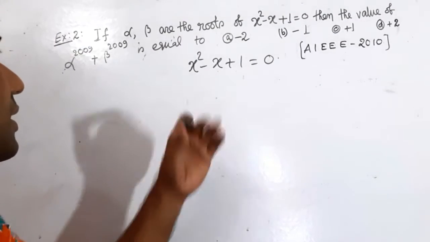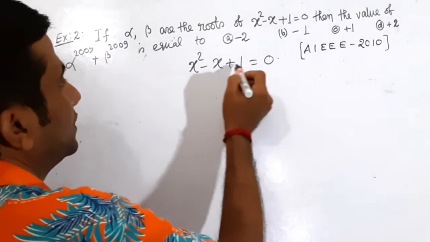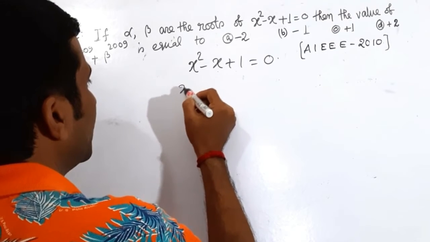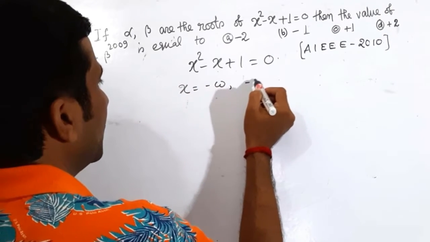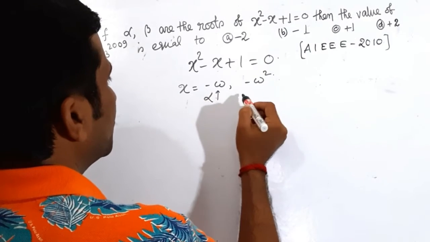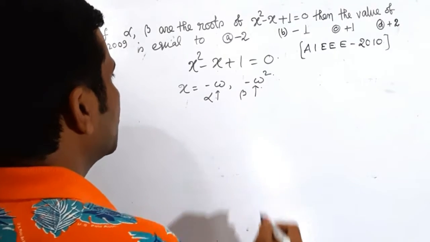As we have said earlier that x square minus x plus 1 is equal to 0, whose roots are x is equal to minus omega and minus omega square. That means alpha is equal to minus omega and beta is equal to minus omega square.